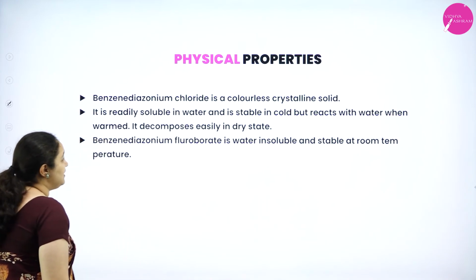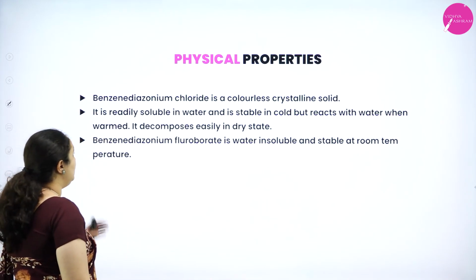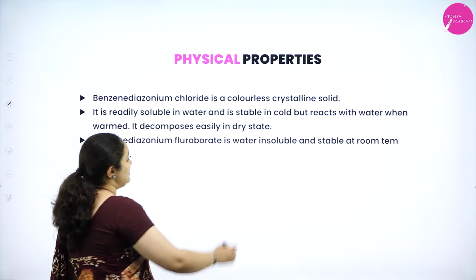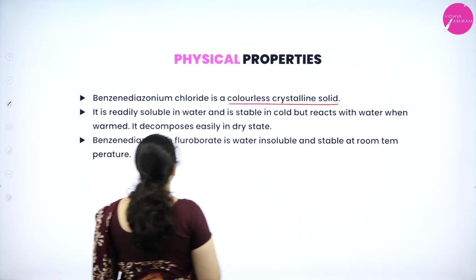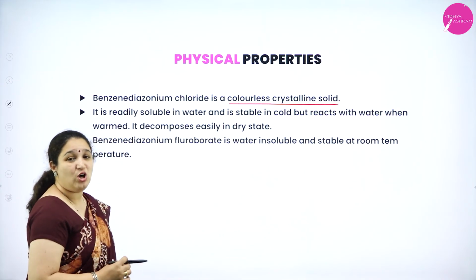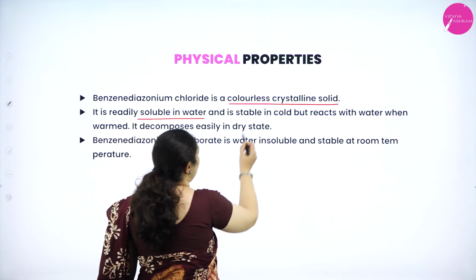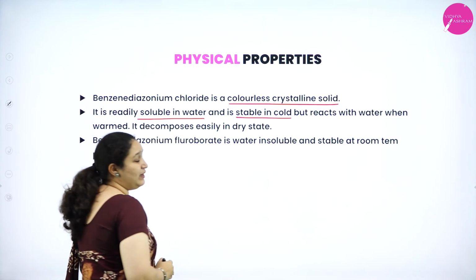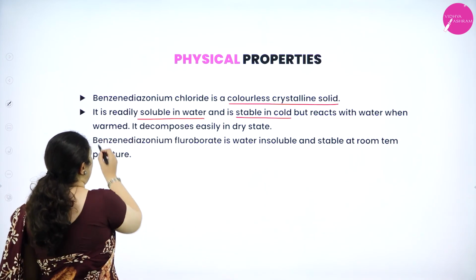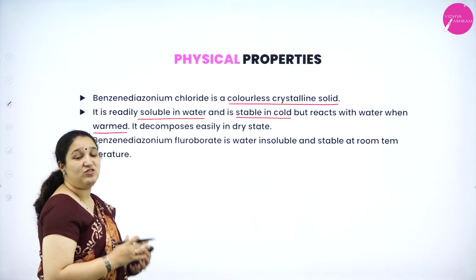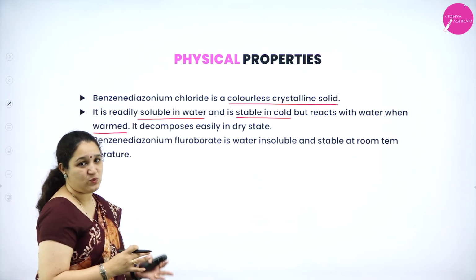Next are the physical properties. Benzene diazonium chloride is a colorless crystalline solid. It is readily soluble in water. It is stable in cold but reacts with water when warm, and in the dry state it can decompose very easily.